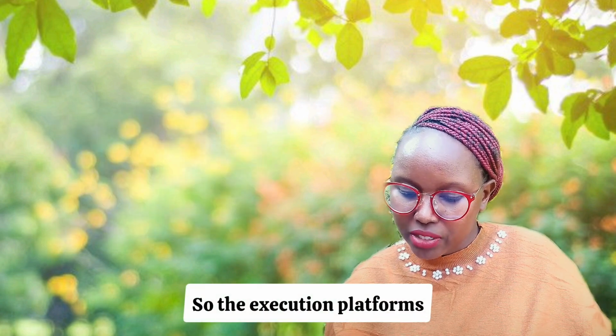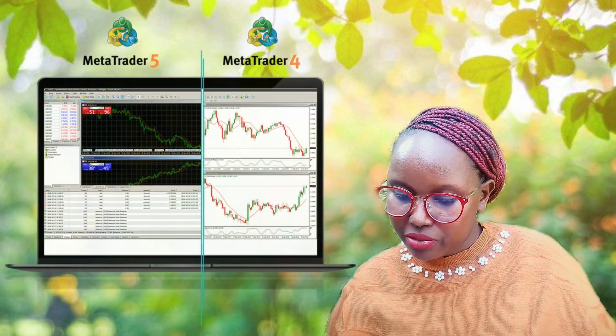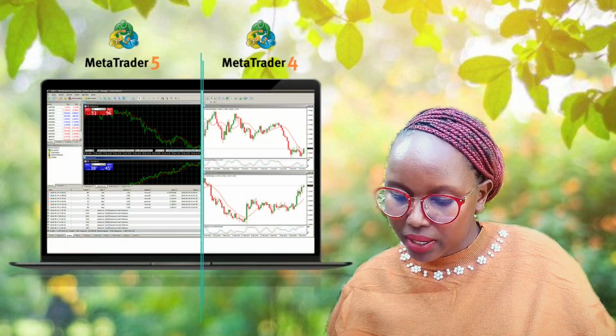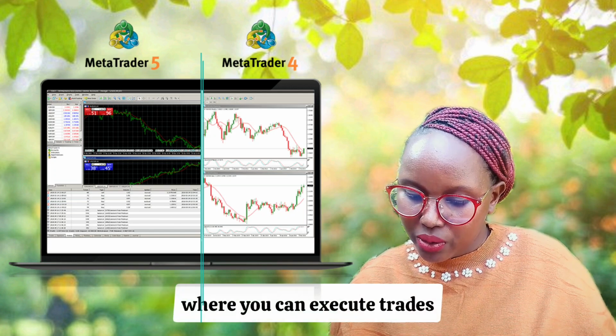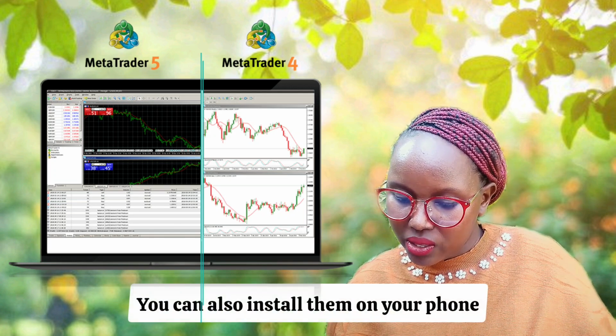Then the execution platforms: most brokers offer MT4 or MT5, and these are apps or desktop platforms where you can execute trades. You can also install them on your phone.